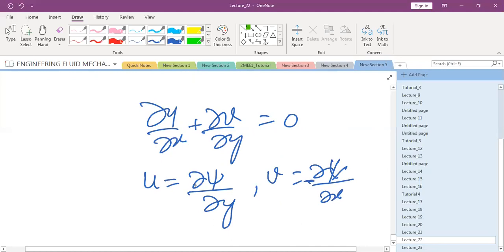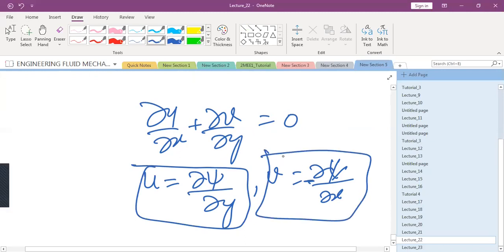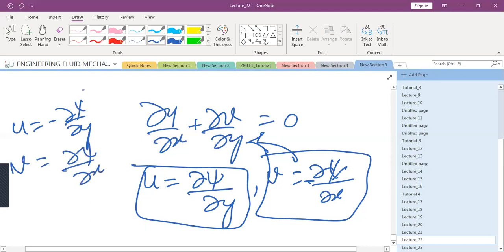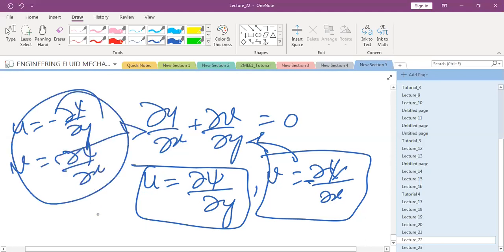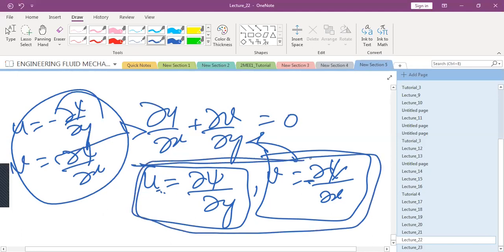This minus sign could have been here also. The only objective is we assign them values such that when we substitute these values into this equation, we get a 0 here. And this is satisfied. And this is also satisfied for u is equal to minus curly psi by curly y and v is equal to curly psi by curly x. But normally we will follow this kind of nomenclature.